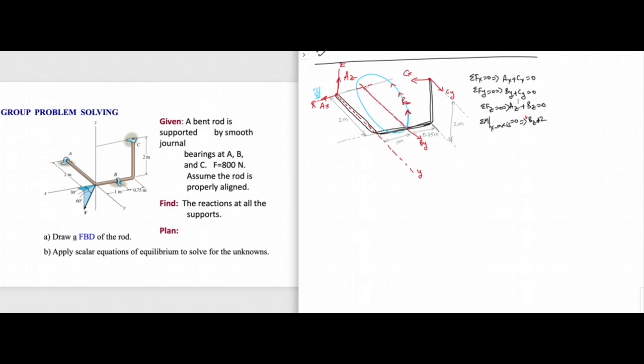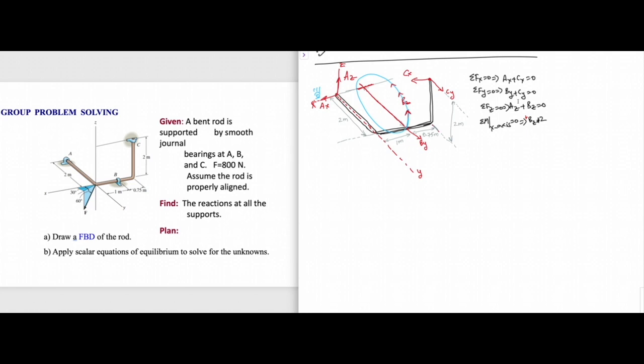This is the line of action of BY. What is the distance of this line from this line, the x-axis? 0, because the line of action of BY intersects with the x-axis. So it is 0. So you don't have an effect of BY.